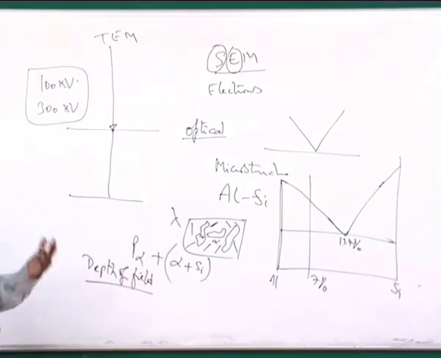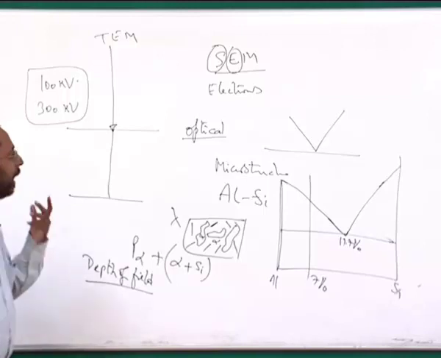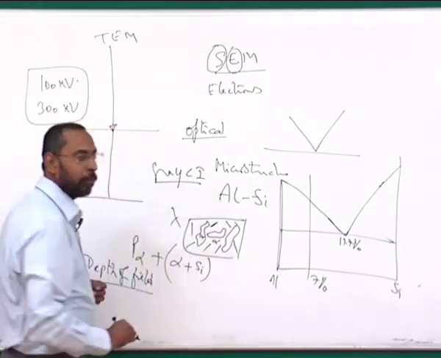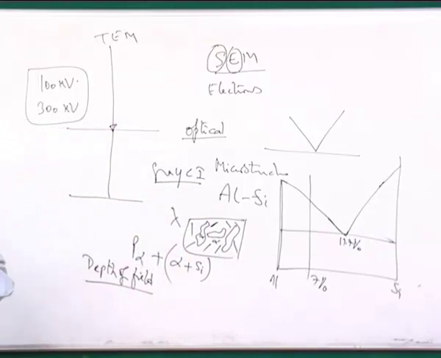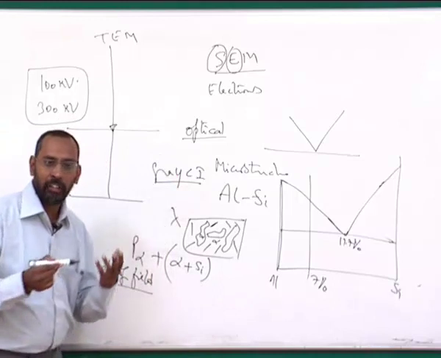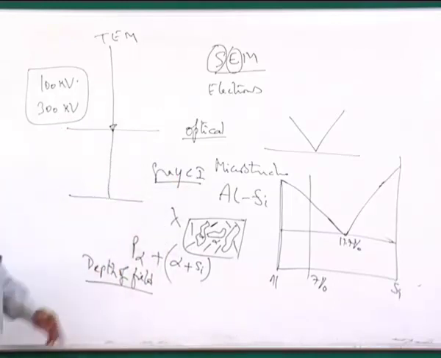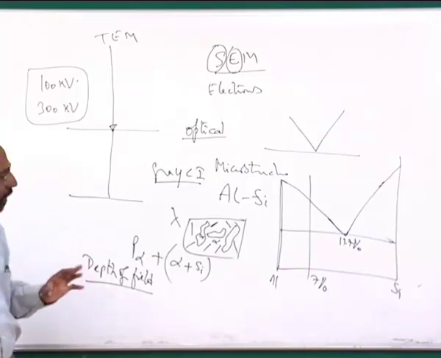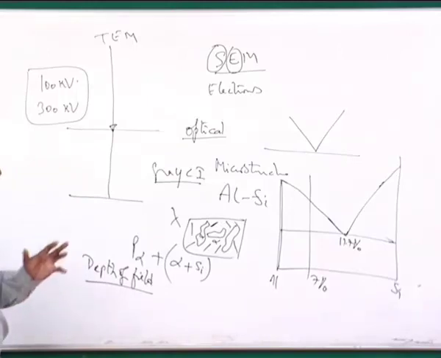Not only that, you can also see other microstructures. For example, if you are looking at what is called gray cast iron, what we are supposed to have are graphite flakes. So are they really flakes, or what is the actual shape of these flakes is something that you can see by using this kind of microscope. So one of the major advantages in terms of the microstructure is that you not only can see the final details with a better resolution, but also be able to see the shapes of these second phases.